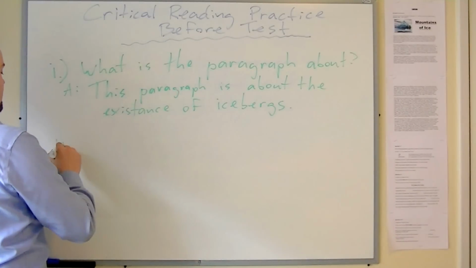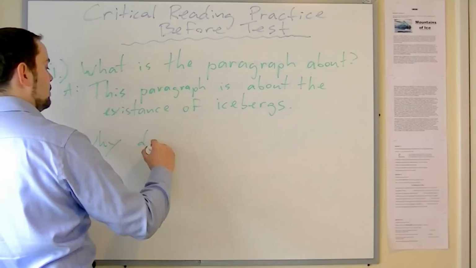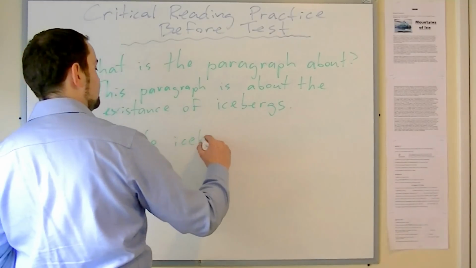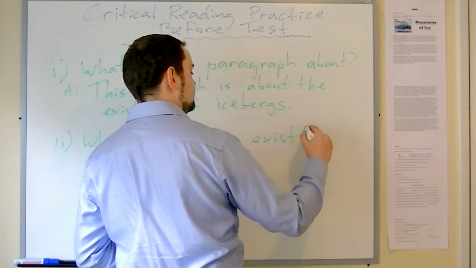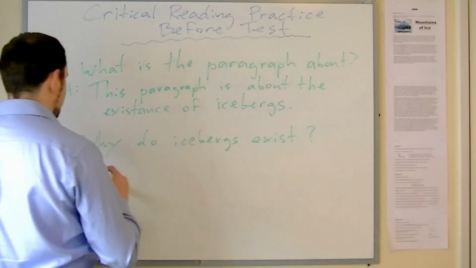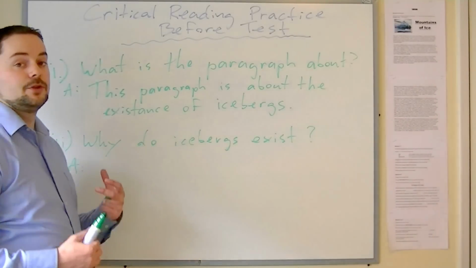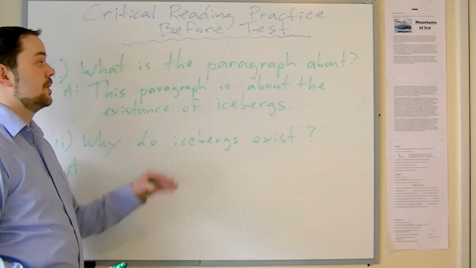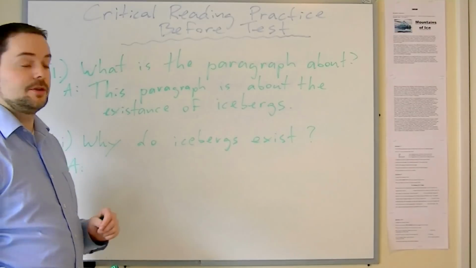So then we ask our second question, why do icebergs exist? And our answer comes from the middle of the paragraph, and with body paragraphs you'll usually find this system where the what is at the beginning, the why is in the middle, and the how will be near the end.